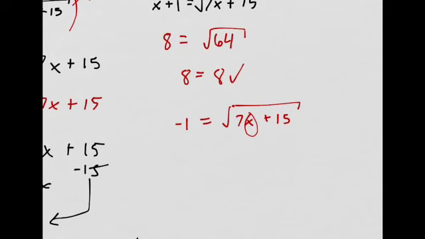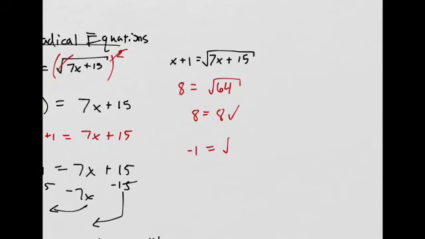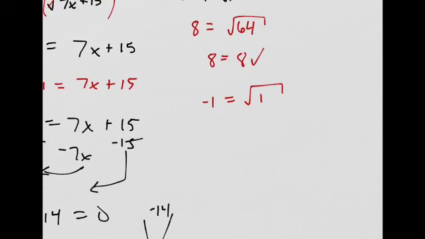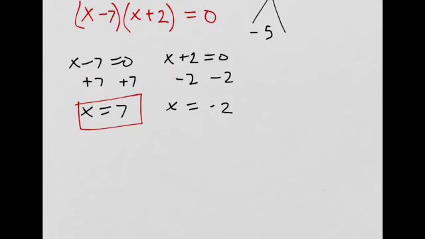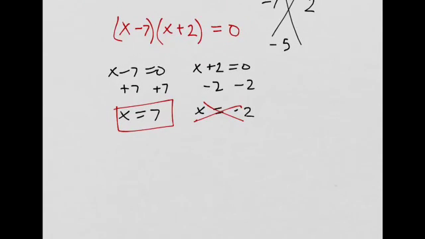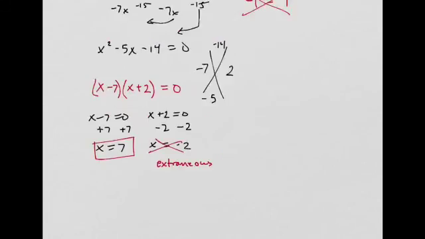But if I plugged in negative 2 there, that would give me negative 14, which means negative 14 plus 15 is positive 1. Square root of 1 is 1, and that is not true. So this one is extraneous. So the only answer is x equals 7.